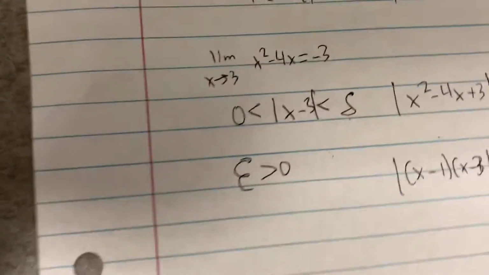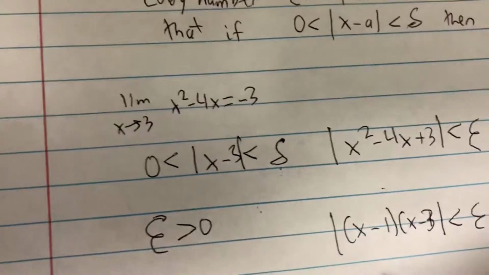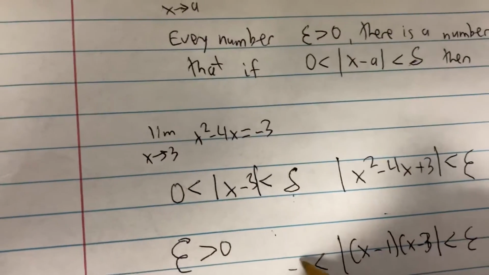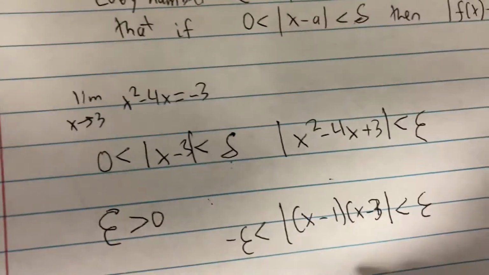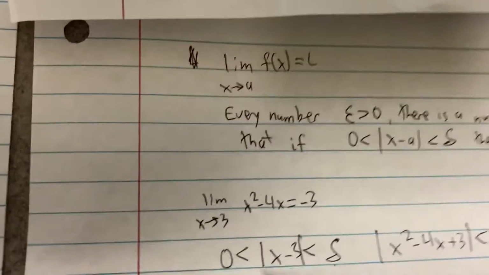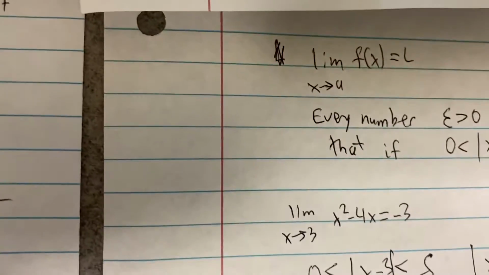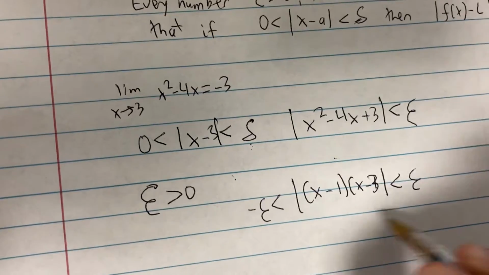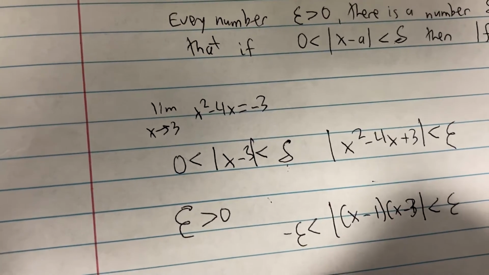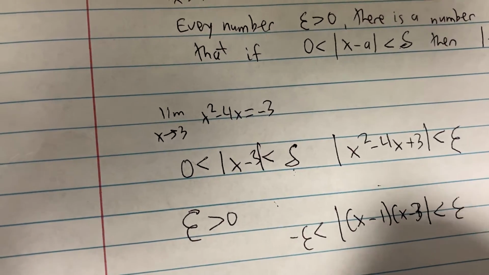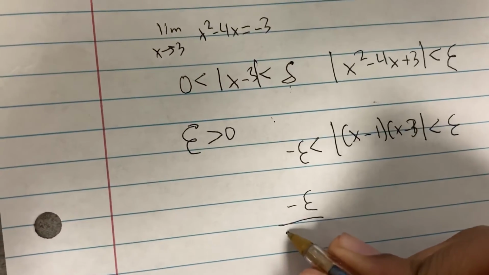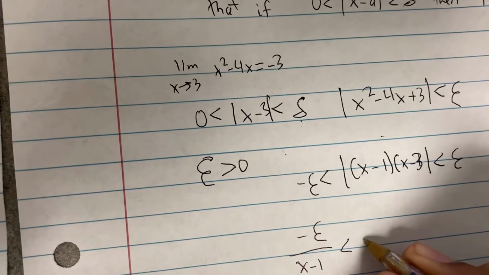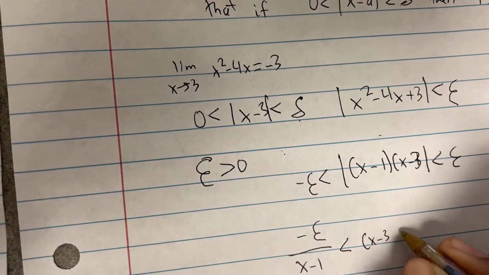So basically, if this is true, then you can also say it's like this, negative epsilon. So since x minus 3 is for the limit, you would divide this into each epsilon. So it'd be negative this over x minus 1, and then x minus 3.